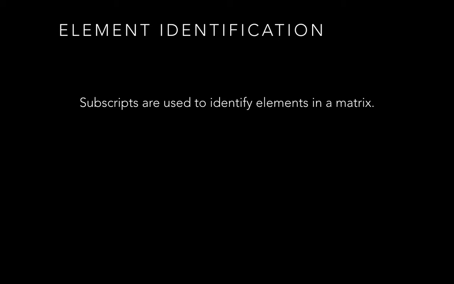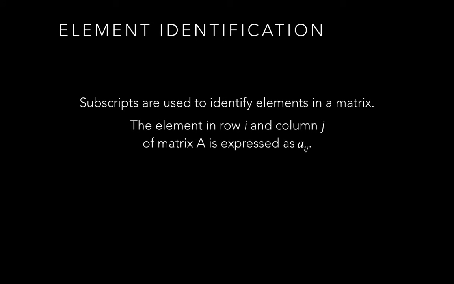Now, we've been calling every element in a matrix just collectively, but we can actually pick out certain ones, and they have unique names. We use subscripts to identify elements in a matrix. So if your element was in row i, column j, in a matrix called A, you would express that as a and then little subscript ij. Here's an example. We have a matrix A with a capital letter.